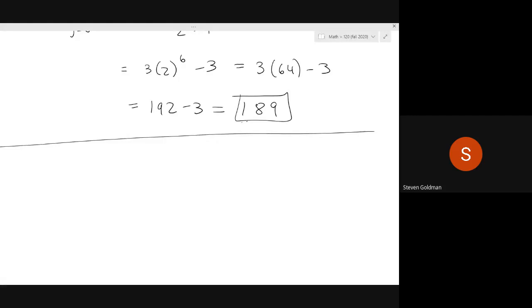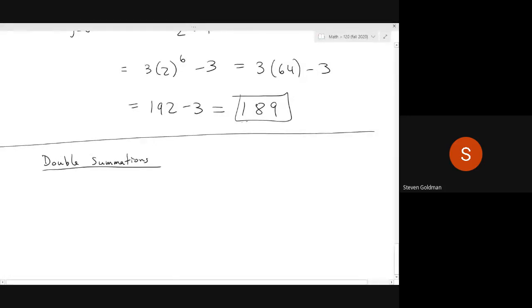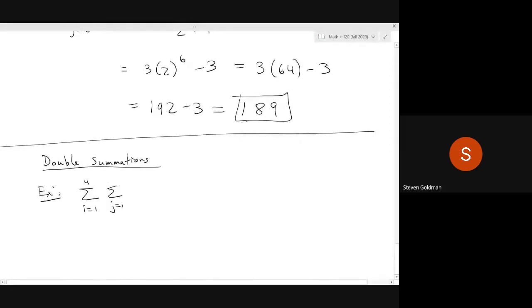You can also have something called double summation. A double summation is basically where we have two sigmas with two different indices. For example, you could have a double sum that looks something like this: the sum from I equals 1 to 4 of the sum from j equals 1 to 3 of I times j.